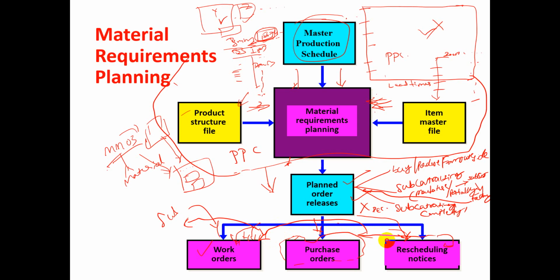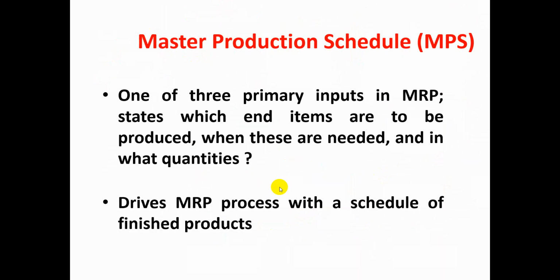Similarly, a purchaser also sees rescheduling notices, and tries to stop the procurement of particular machinery, subparts or raw materials, or prepone the requirement if the customer wants the order preponed. Immediately they bring the material in, maybe through air or something like that. This is how the MRP planning will be executed.